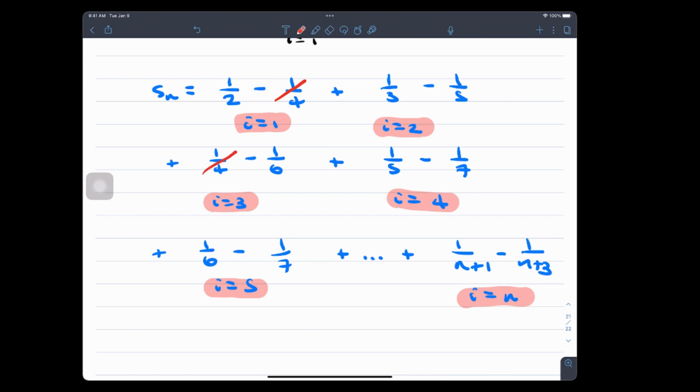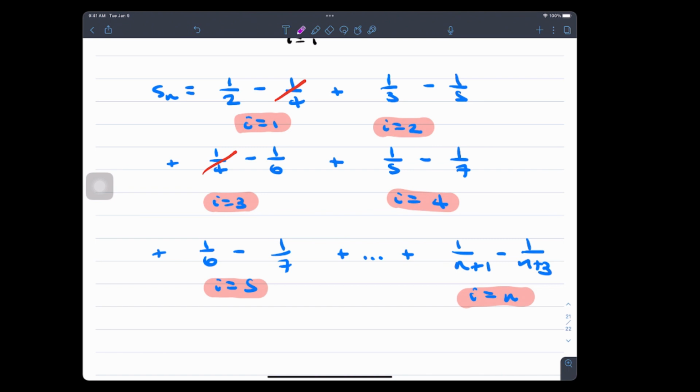With the first term, the second term goes away. And then on the third term, the first term goes away. Now I'm going to change my color, maybe that helps. So guys, you see the plus and the minus going away? This is collapsing.